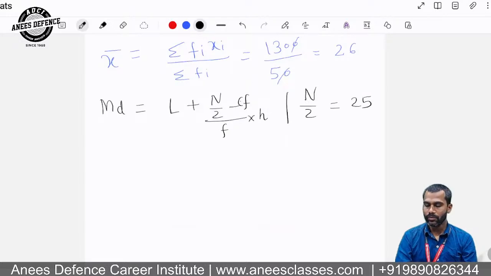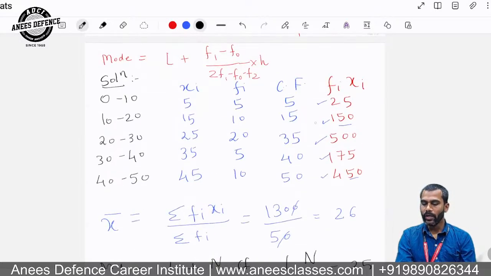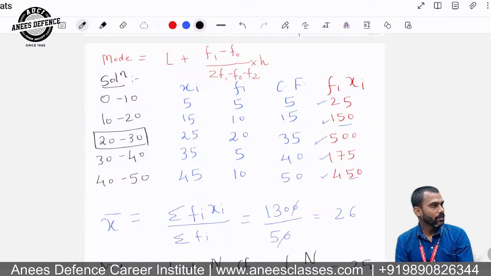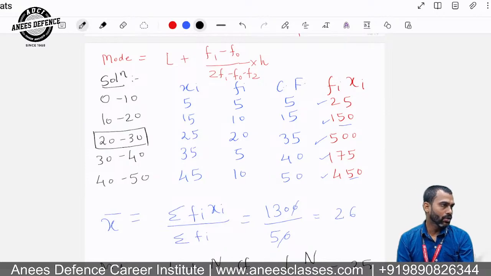Where does the cumulative frequency 25 lie, in which class? Here in this class. So this is your median class as well as modal class. Why modal class? Because highest frequency is 20 only. So median and modal class both are 20 to 30.